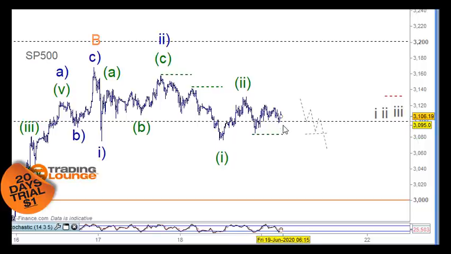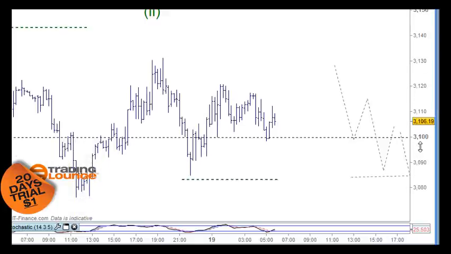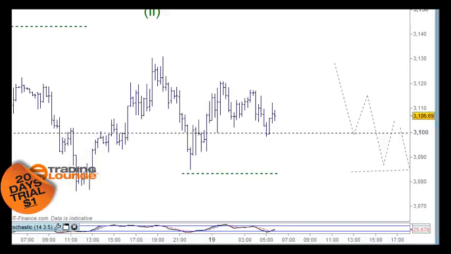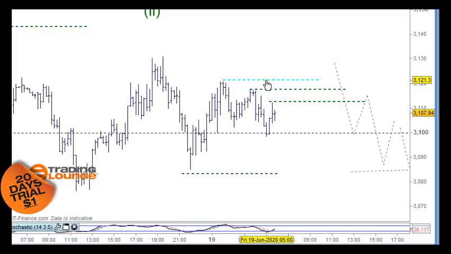We could probably get another one in there, but this is what we need to wait for here. So we would need to see this. This looks like a little impulse wave to the upside. So you could actually take that high out. You can take that high out, and so on with these here.